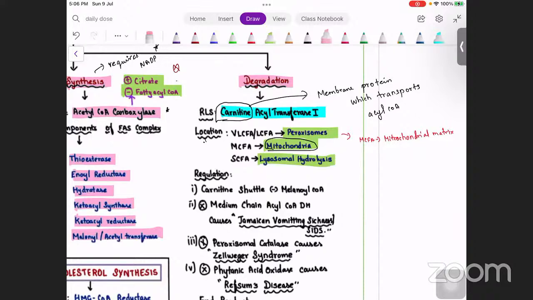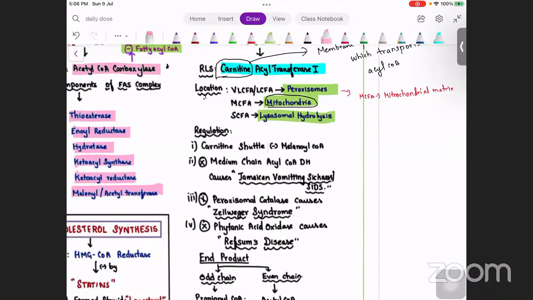Okay, then you have the regulation. Carnitine shuttle is inhibited by malonyl-CoA. Medium chain acyl-CoA dehydrogenase deficiency causes Jamaican vomiting sickness or sudden infant death syndrome.